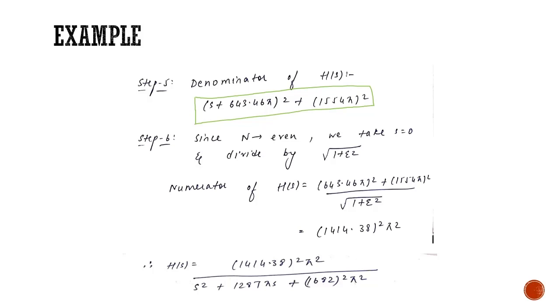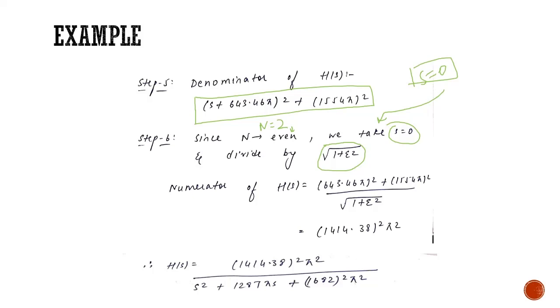And since n is equal to 2, which is even, we take s is equal to 0 and we divide it by 1 plus epsilon square. If you remember that condition which I had labeled as important earlier. If n is odd, we just take s is equal to 0, but in this case we have to divide that by 1 plus root over 1 plus epsilon square.